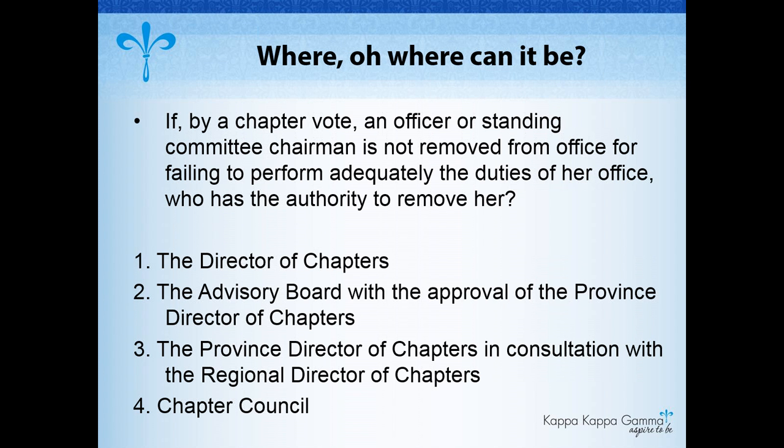Is it the director of chapters, the advisory board with the approval of the province director of chapters, the PDC in consultation with the regional director of chapters, or chapter council? Again, if by a chapter vote, an officer or standing committee chairman is not removed for failing to perform her duties, who has the authority to remove her?